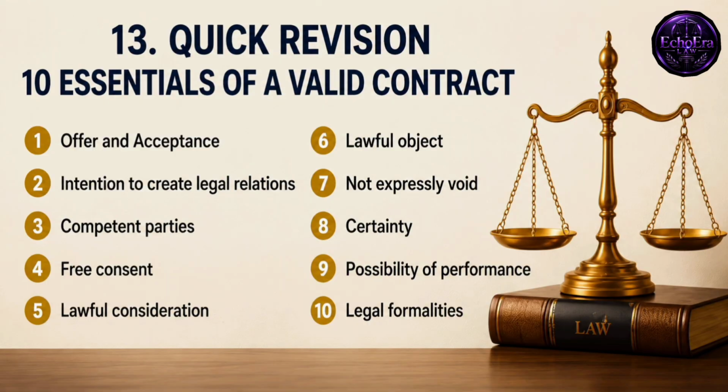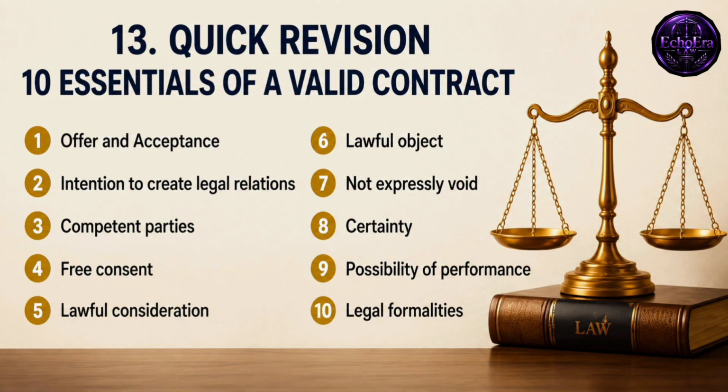Let's quickly revise all 10 essentials. Number 1, offer and acceptance. Number 2, intention to create legal relations. Number 3, competent parties. Number 4, free consent. Number 5, lawful consideration. Number 6, lawful object. Number 7, not expressly void.